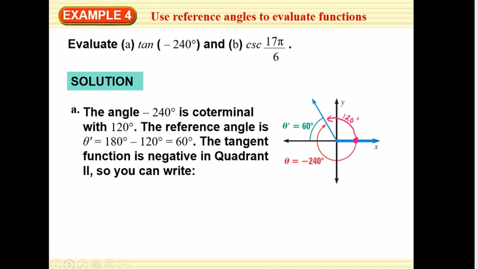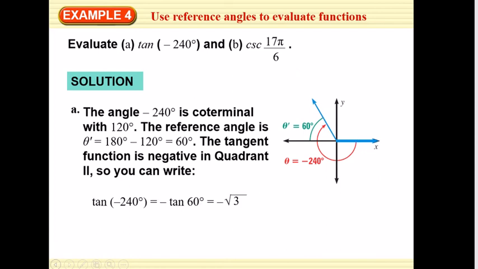All right, and the tangent is going to be negative, so if all students take calculus, sine's the only one that's positive, as well as cosecant here. So that means tangent is going to be negative, and then I can find the tangent of 60 degrees.